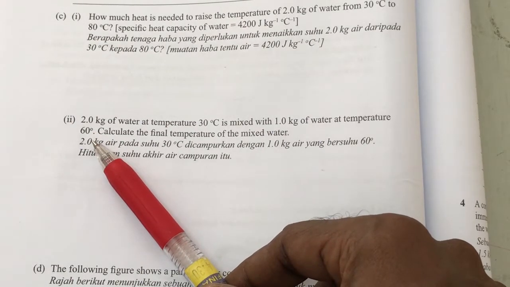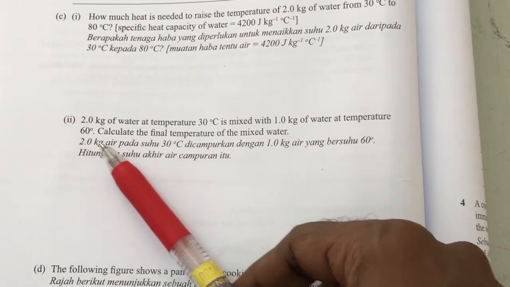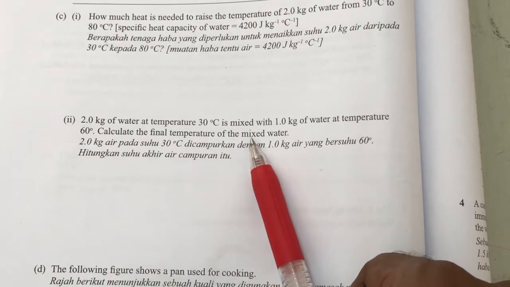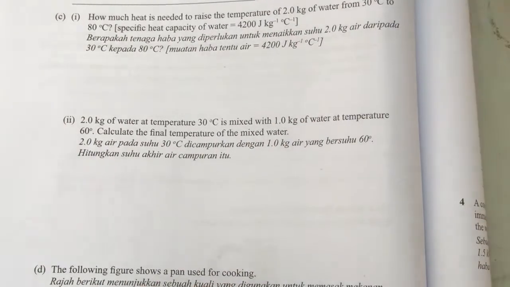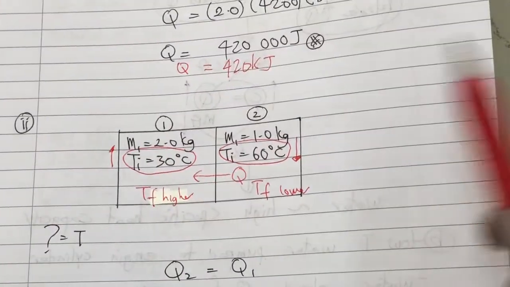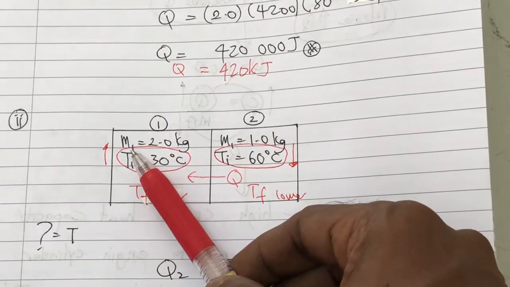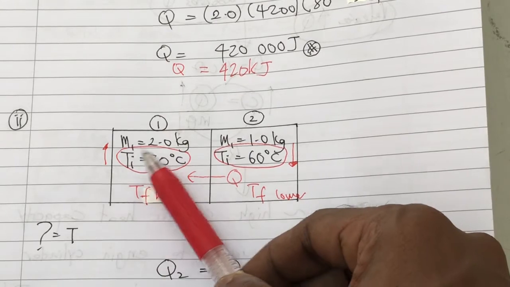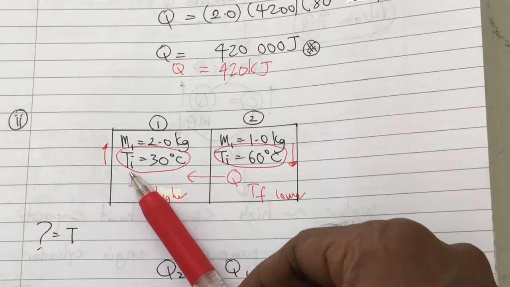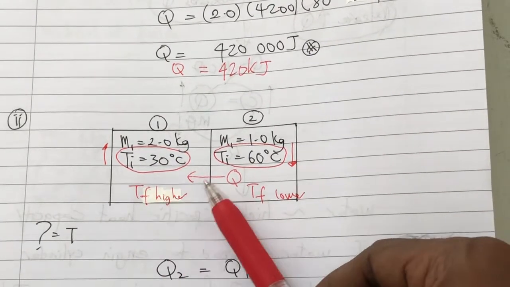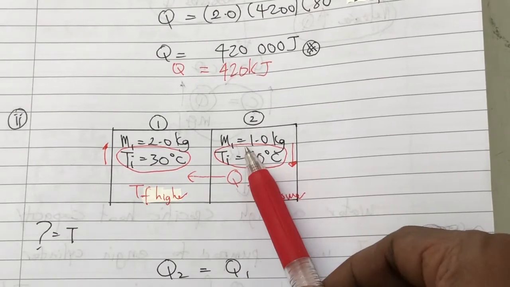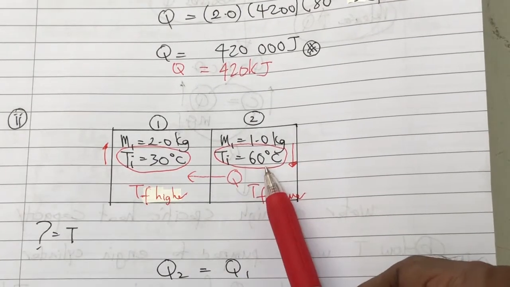Both are water, but at different initial temperatures. They are mixed together. Calculate the final temperature of the mixed water. Again, I draw two boxes representing the two waters. In the first, I put m1 2 kg, initial temperature 30, combined with the other water of mass 1 kg, initial temperature 60.